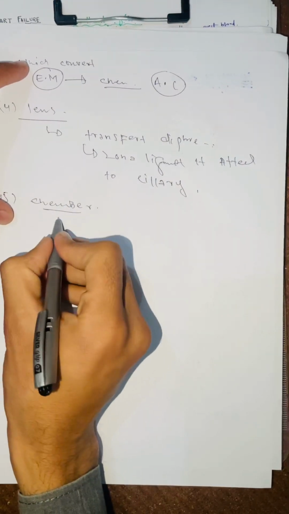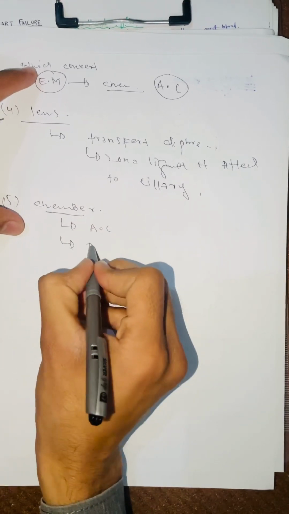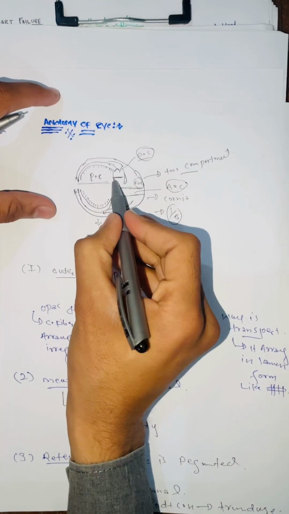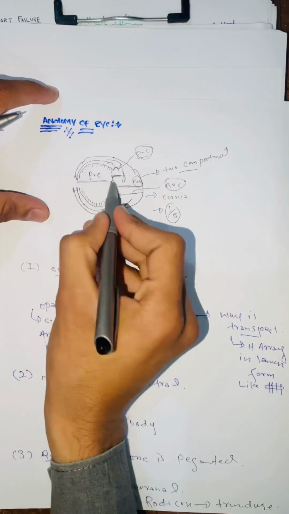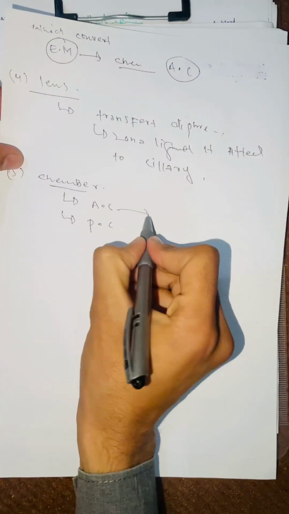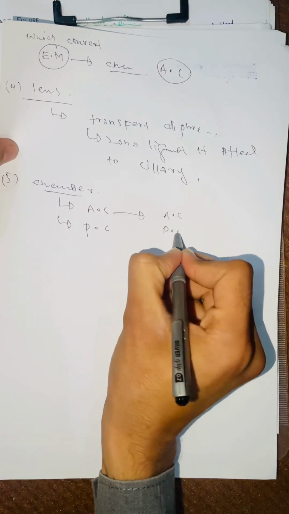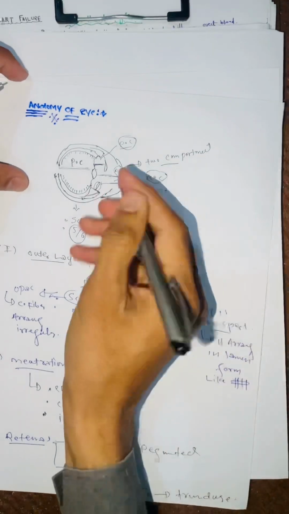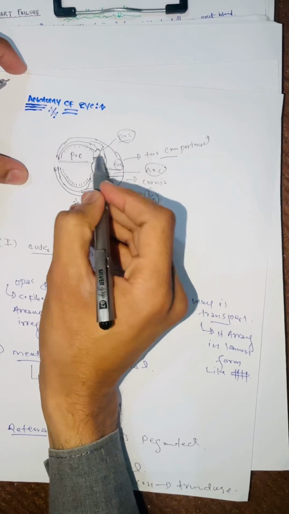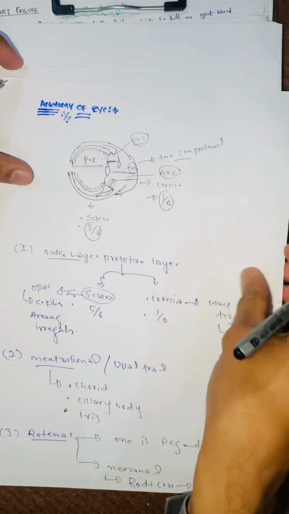You have two chambers. The one is the anterior chamber, the second one is the posterior chamber. The anterior chamber is in front of the lens up to the cornea, and the posterior chamber is behind the lens. The anterior chamber is further divided into anterior compartment and posterior compartment with the help of the iris. Behind the iris, this one is the posterior compartment. In front of the iris, this one is the anterior compartment.